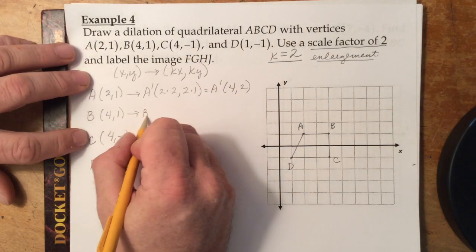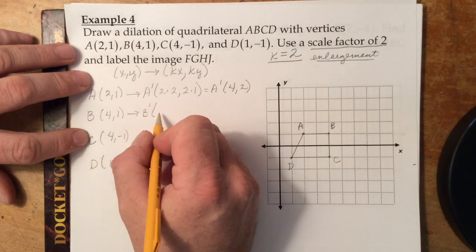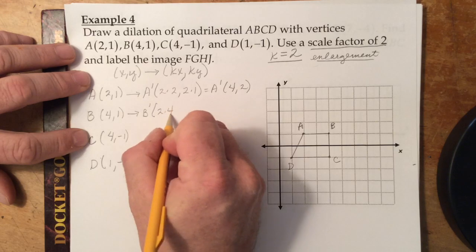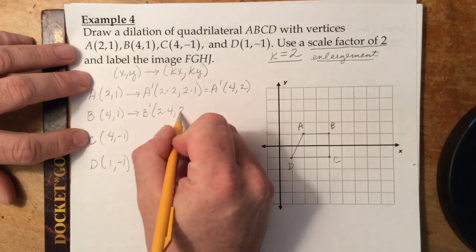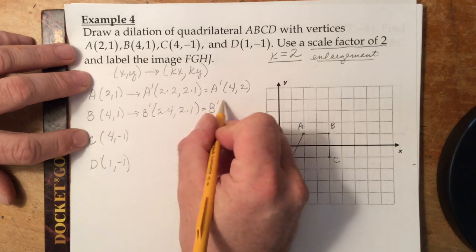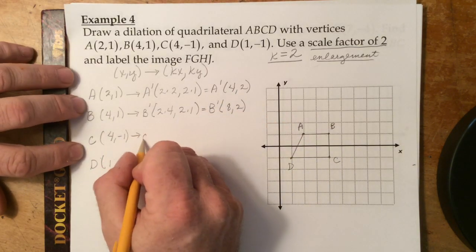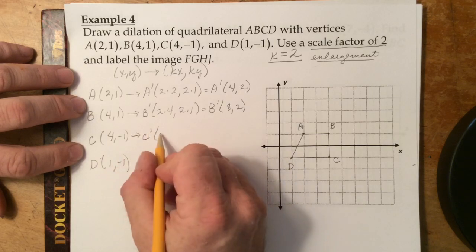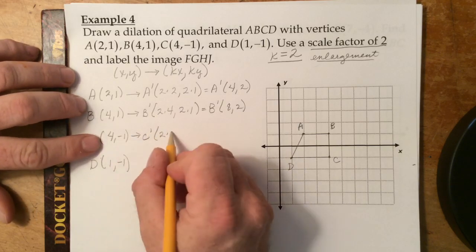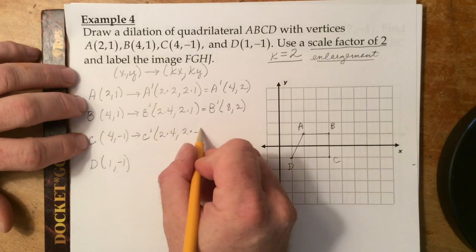For B prime, using the same scale factor, we have K, which is 2, times 4, comma 2 times 1, the x and y coordinates. It gives us B prime at (8, 2). And then C prime, we use K is 2 times 4, comma 2 times -1.